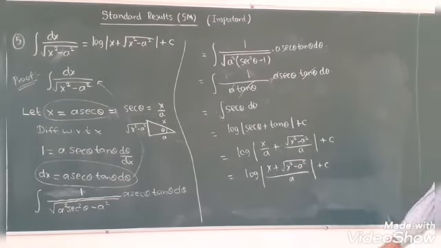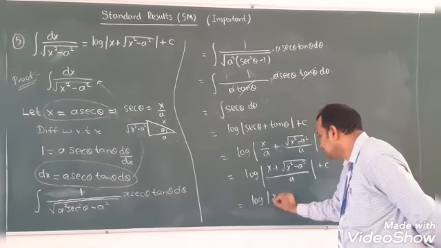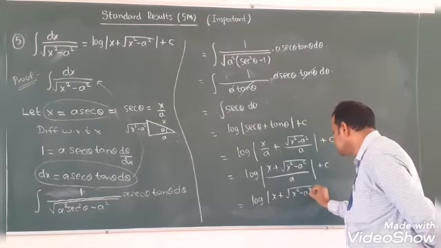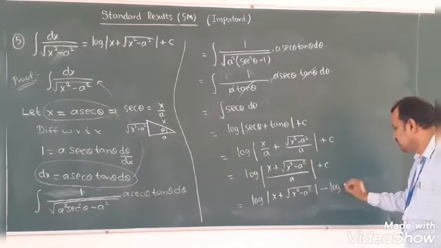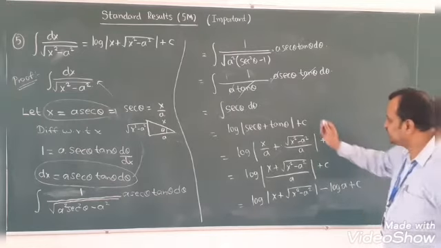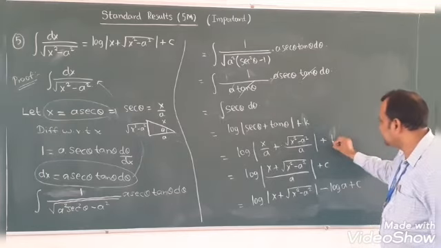Now it is something like log a by b. Log a by b we can write as log a minus log b. Here I can say plus c. Or in place of c, can we write k or not? It can be anything, so I am writing k here.